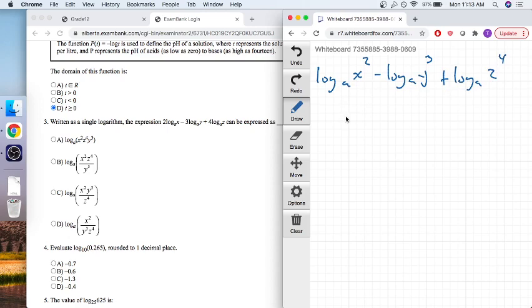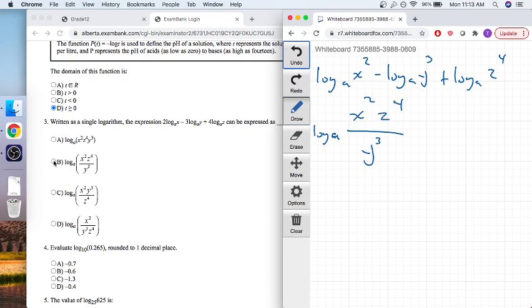So this is going to be x squared divided by y cubed, times z to the fourth, log a.